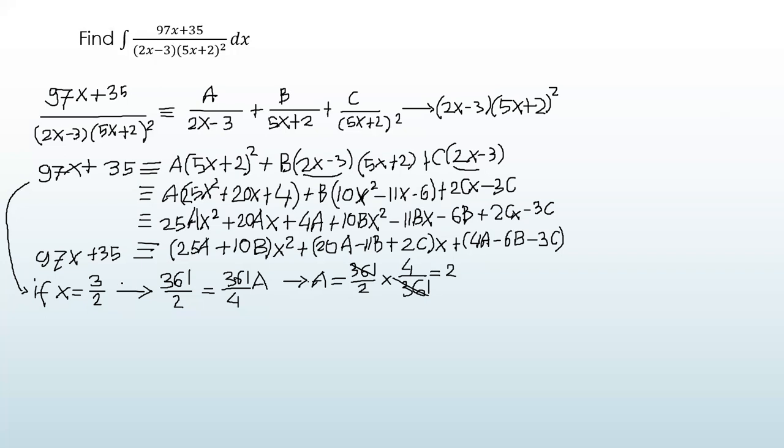Now what are b and c? Look at this one, 5x plus 2. If 5x plus 2 equals 0, it means x equals minus 2 fifths.